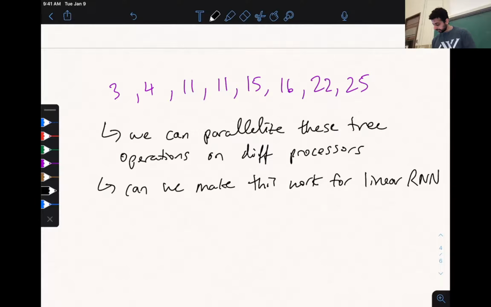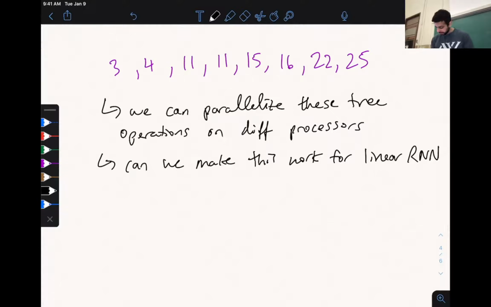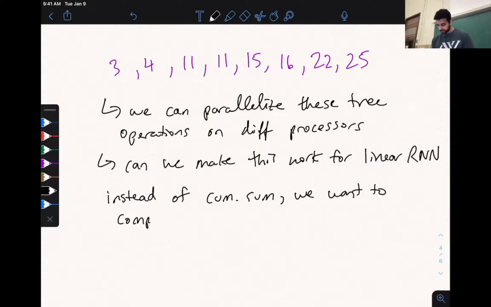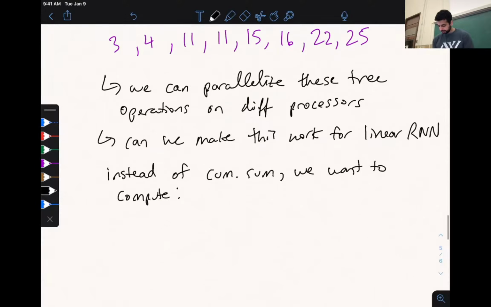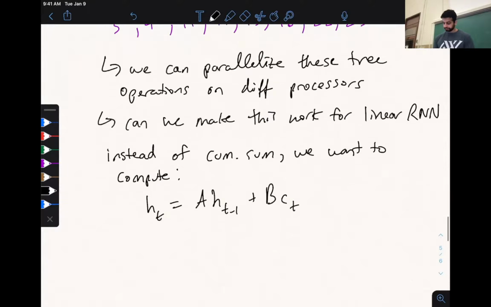Okay, so that means instead of the cumulative sum, we want to compute the following: h sub t equals A h sub t minus 1 plus B x sub t.